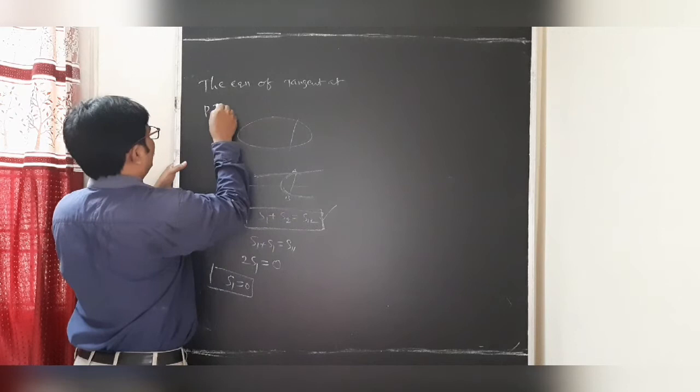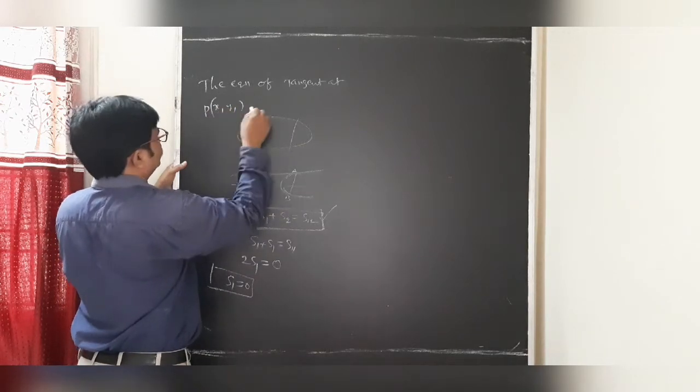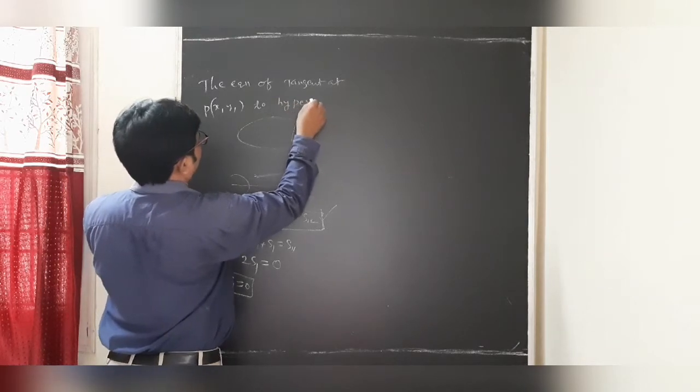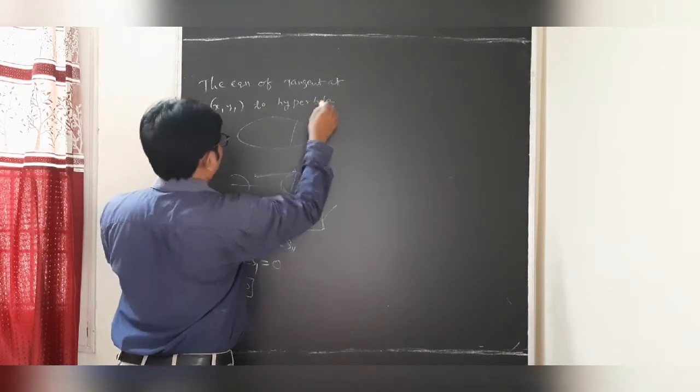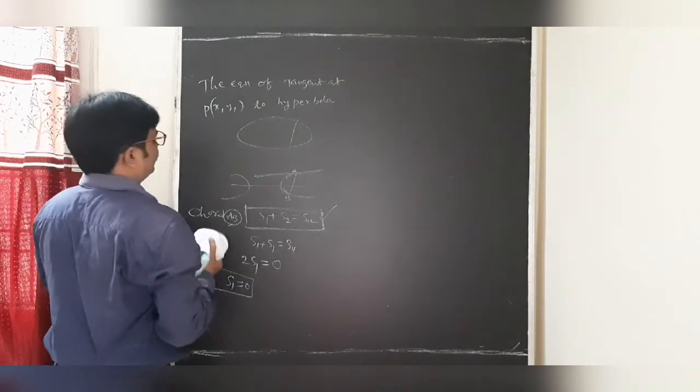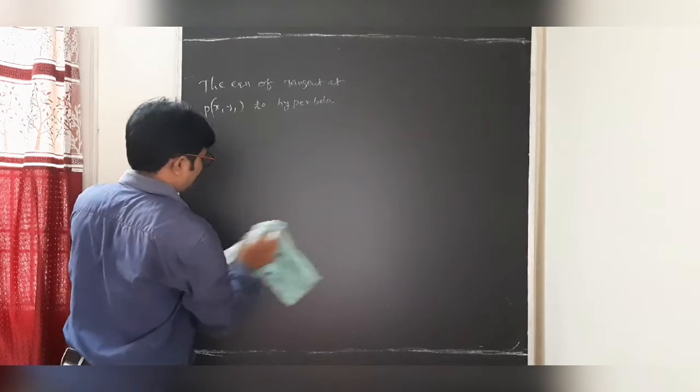at P(x1, y1) to the hyperbola x square by a square minus y square by b square equal to 1.